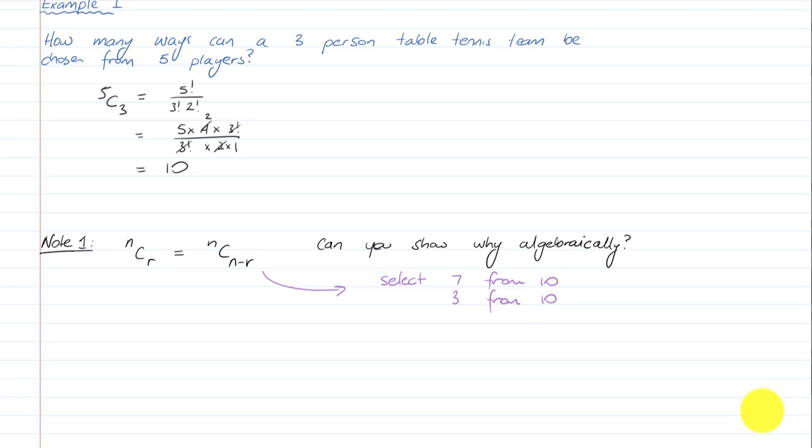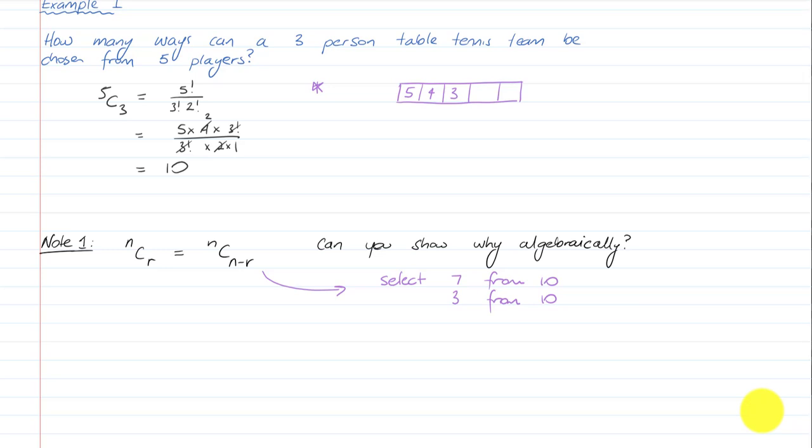Now let's go up to our example here and talk about that a little bit. So when we're picking 3 from 5, this is what that looked like. I've got 5 students and I'm selecting 3 of them. So I said, well, there's 5 ways of picking the first, 4 ways of picking the second, and 3 ways of picking the third. But then we had to divide by 3 factorial because it didn't matter which way they were organised.